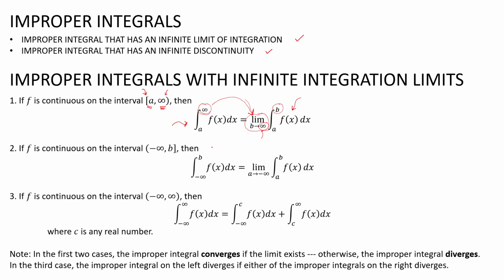So the same goes for the second property. We have the negative infinity limit. Again, negative infinity is an open bracket because we don't know what our negative infinity value is. For b, the upper limit, it's a closed bracket because it's a fixed value.